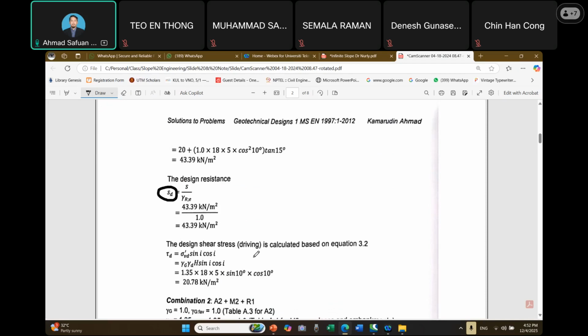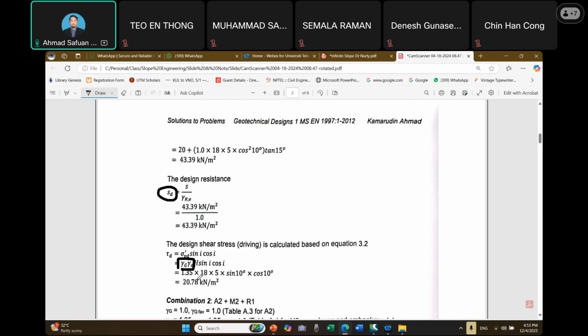Now we go for the driving value or driving stress. Since this driving stress contributes to the instability, we implement the gamma G gamma D, which is the unfavorable partial factor of safety.